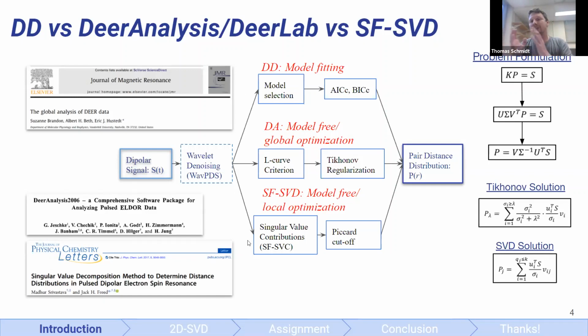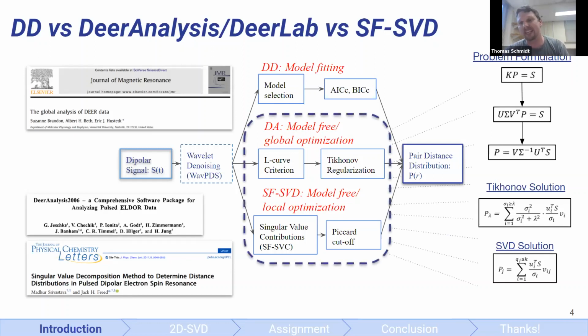We can do model fitting, where we have a model of what we are interested in and fit it directly to our dipolar signal. This is great, however, it requires a priori knowledge of what the model is, which is not always the case. So we go to the next methods, which are DEER analysis or DeerLab nowadays, a model-free method that uses a global optimization, meaning we optimize against the entire trace.